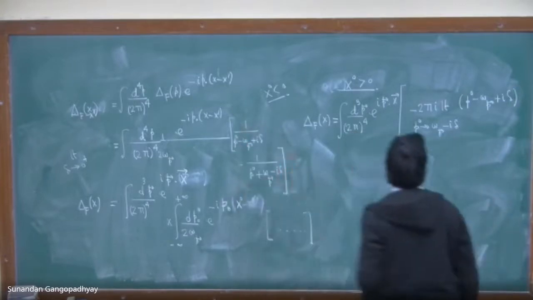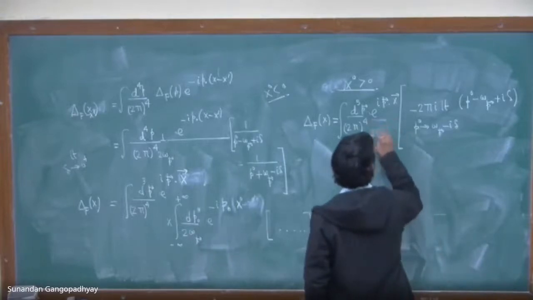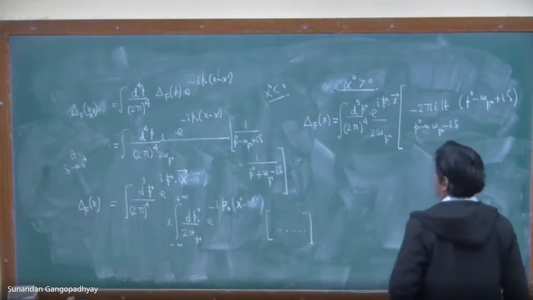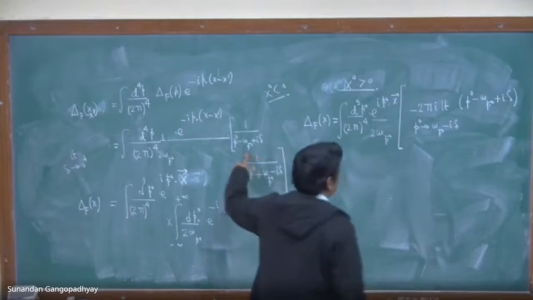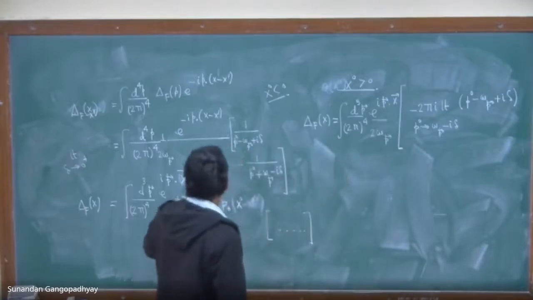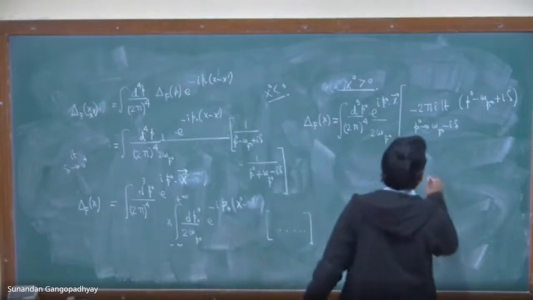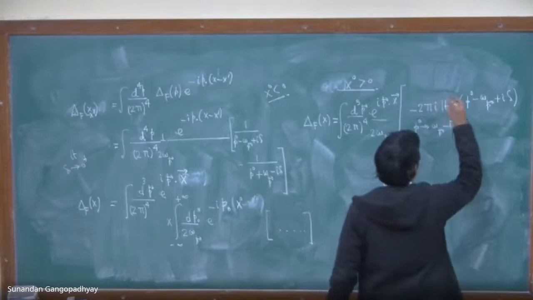And obviously we have 2 omega p outside, times this full thing. We also have this factor, we need this 2 pi i. I will write it down later.